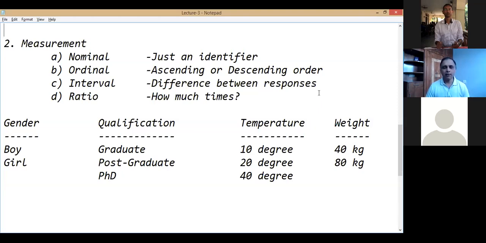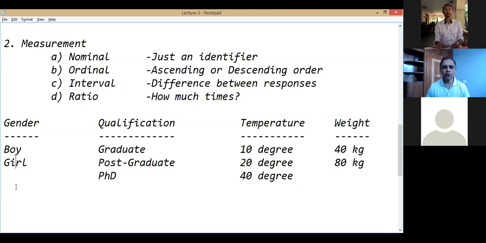As of now, I am considering multiple choice question means various options are there, but number one, they must be holistic, should cover all options, and number two, a person should tick any one of them. So this is a closed-ended multiple choice question. Then there is a binary question, only two choices. If you can see on the screen, gender, boy and girl, this is a binary question.